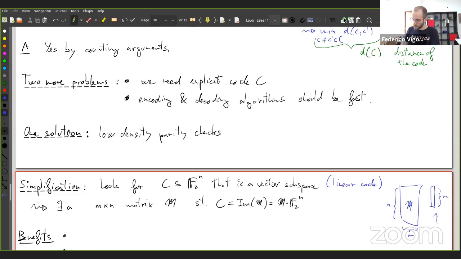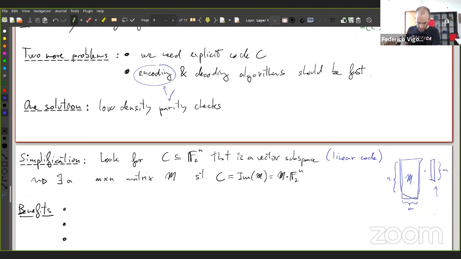This is the message you want to encode. And to encode it, you just do the matrix multiplication to get a vector of length n. In particular, this is telling us that we do have a nice encoding algorithm. So if we pick a linear code, we have that. Good.